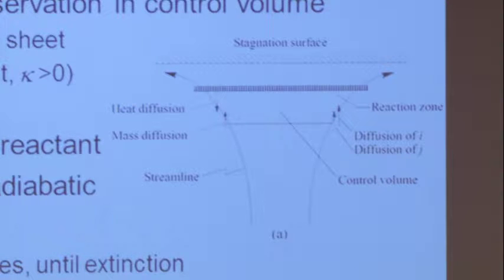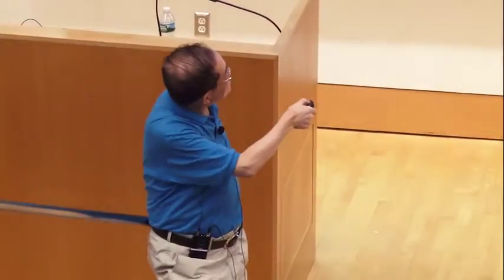So for Lewis number less than 1, this mixture, when you stretch it, becomes super adiabatic. It's gaining energy. What does it do? It burns faster, burns stronger. So your flame temperature can go above your adiabatic flame temperature. In terms of NOx formation, it's going to give you more.